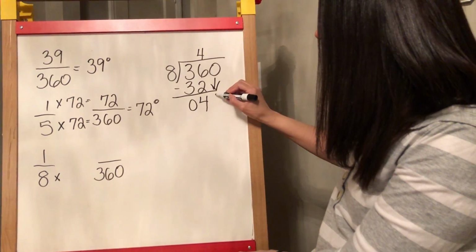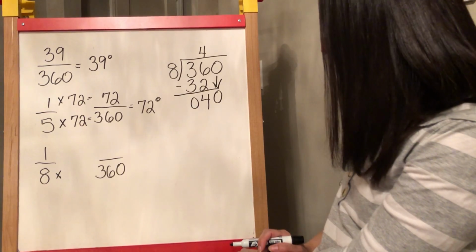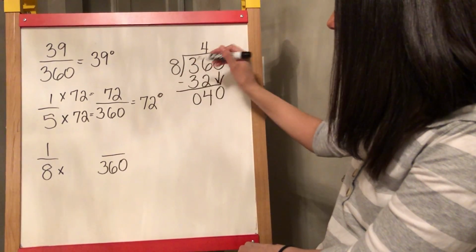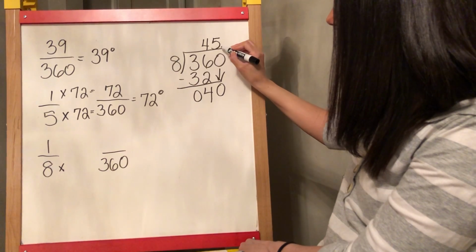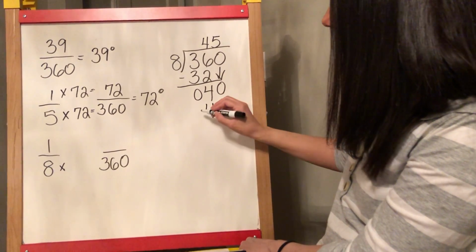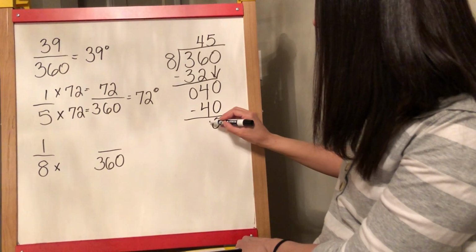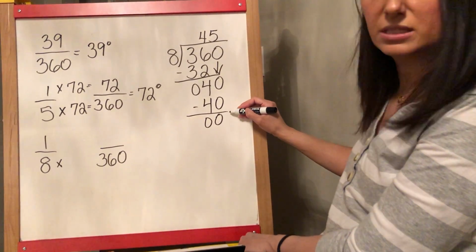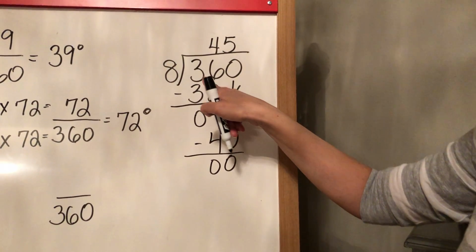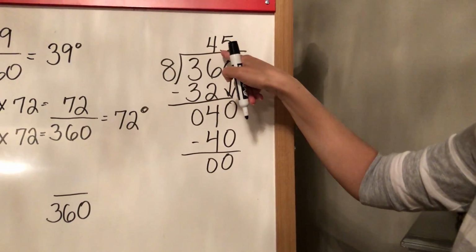And then bring down the 0. Now I have 40. 40 divided by 8 is 5. 5 times 8 is 40. Subtract. Nothing else to bring down. My remainder is 0. So 360 divided by 8 is 45.